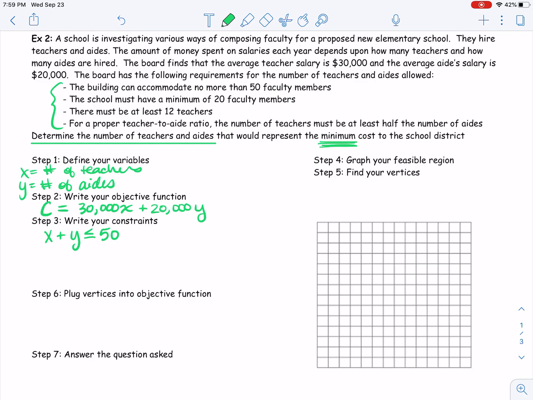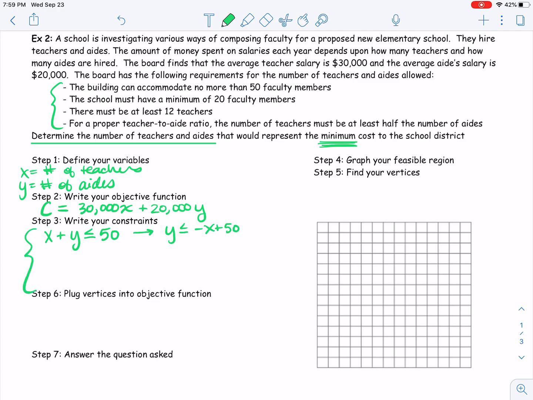It says no more than 50. Well, that means we can have 50 and we can have less than that. We just can't have more than that. So X plus Y is less than or equal to 50. I know that because I'm going to have to graph these things next, I can go ahead and rewrite this as Y is less than or equal to negative X plus 50.